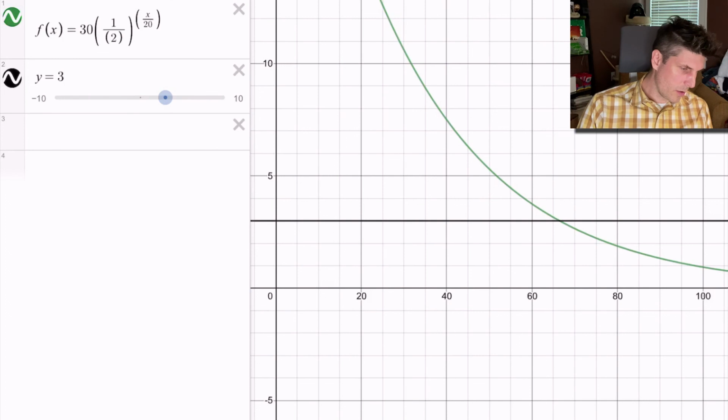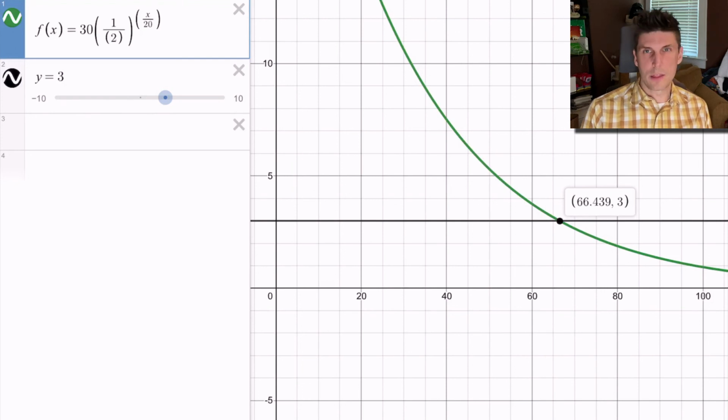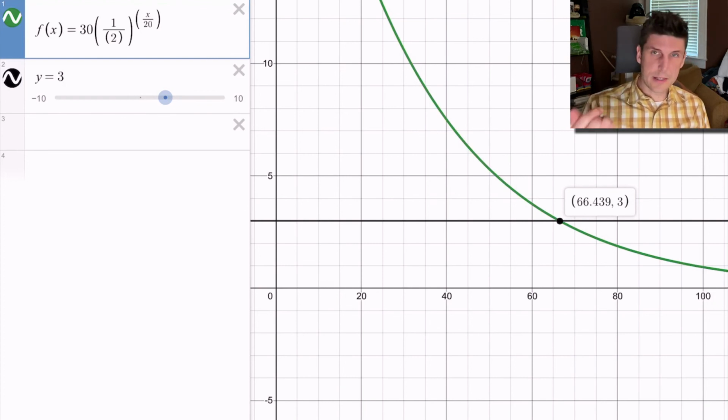So here we want to know, we can see that after 66.493 hours, right? That's when we have 3. So in terms of half-lives, that's going to be 66 divided by 20, right? That's going to be 3 and change.